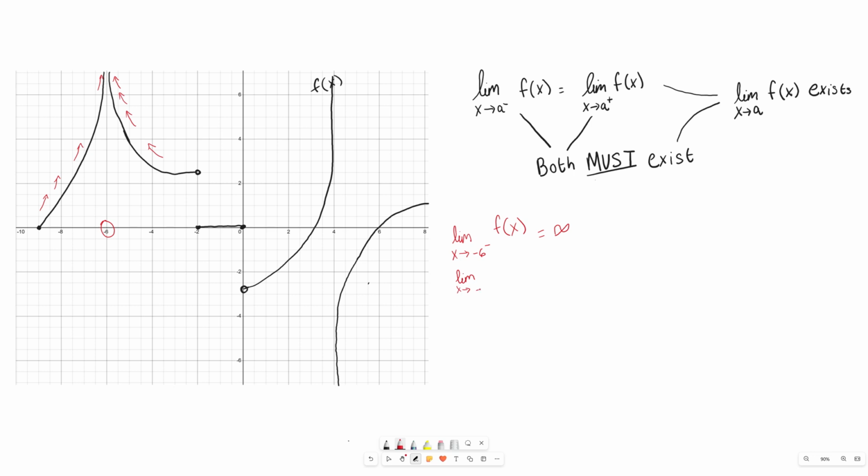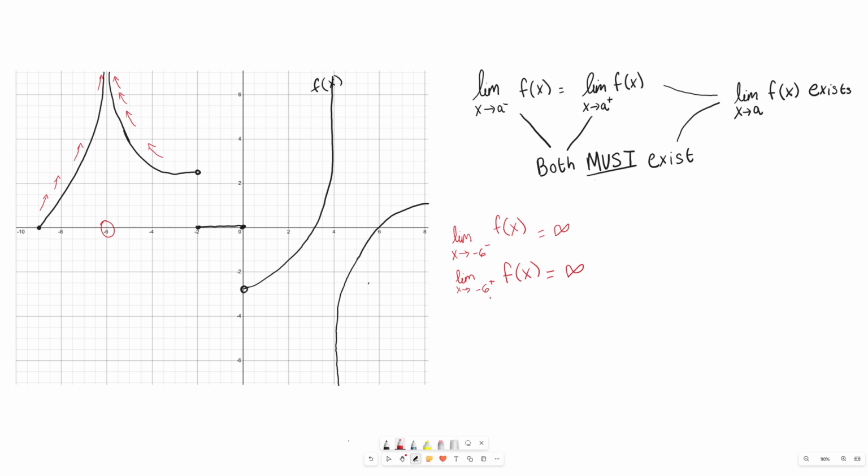So instead of putting a negative sign on top of the 6, you put a positive sign. Everything goes the same. And again, this is going to infinity.